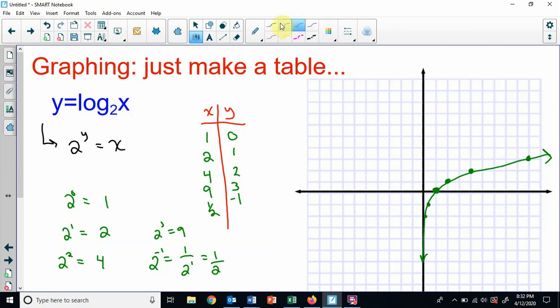And if you were to do that, I hope you're listening and not just watching with the sound off, so you're wondering what I'm drawing. But if I was to do something like log to the 1/2 x, that would almost be the same thing, but come through this way, flip it that way. Still have the asymptote at the y-axis, but it's a decreasing graph instead of an increasing graph.